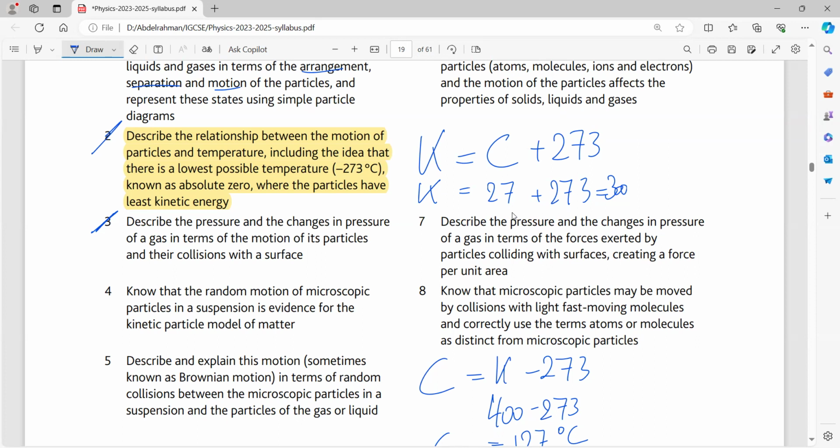How do we as humans feel the pressure of 100,000 pascals? The atmospheric pressure is 100,000 pascals. You're not required to remember that number, but as humans, we are under constant atmospheric pressure of 100,000 pascals.